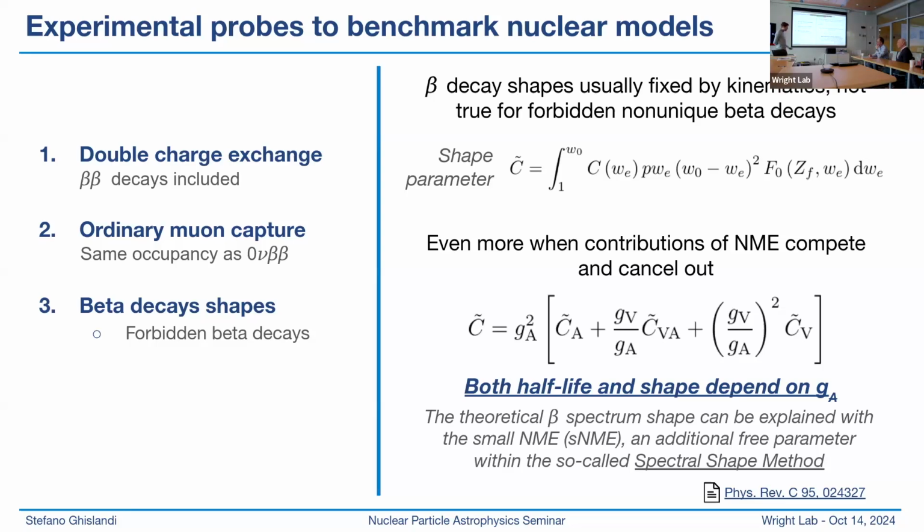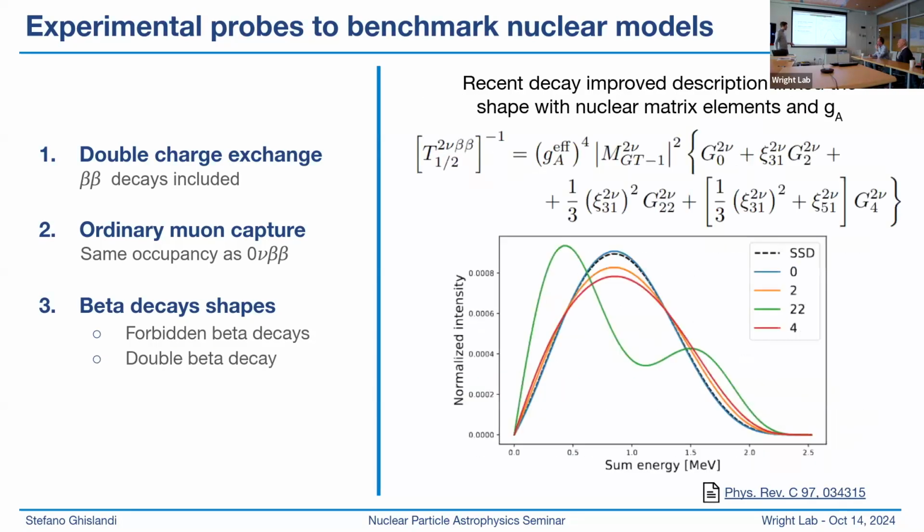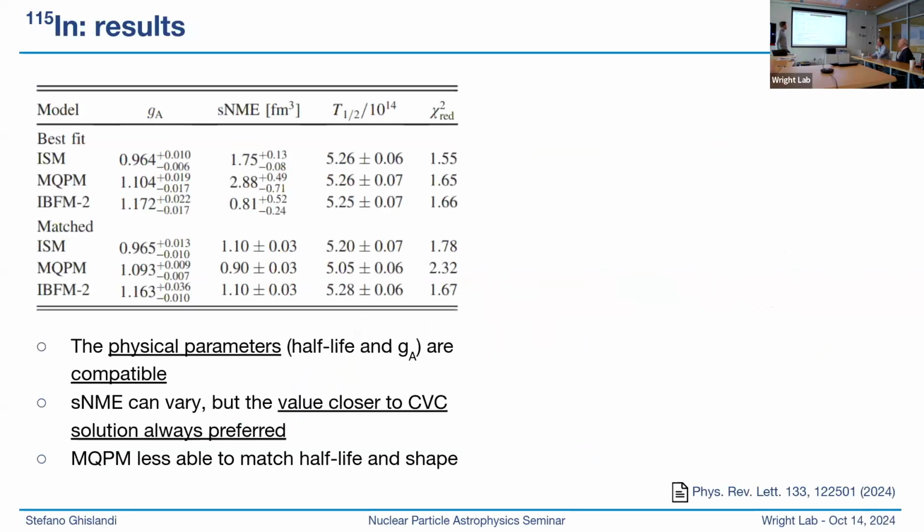Some comments about this. First of all, one good news is that when we look at the results, the small non-nucleonic element that is related to how GV could be different from the CVC value is always positive.